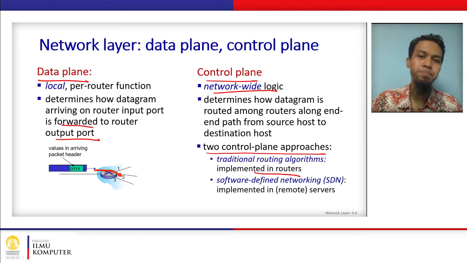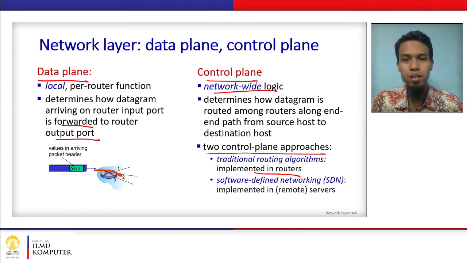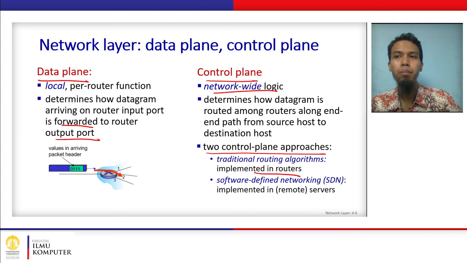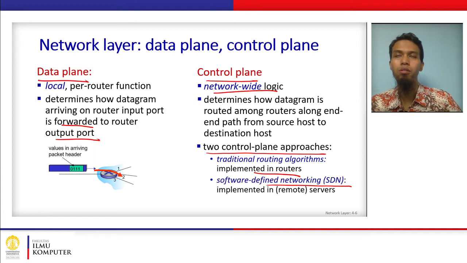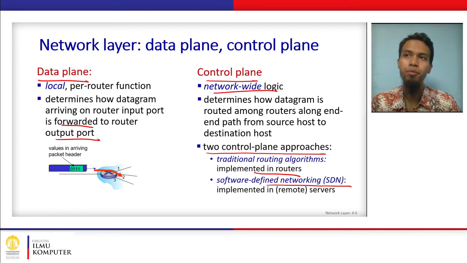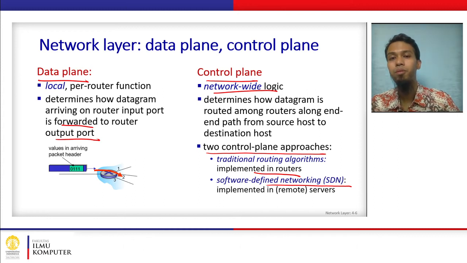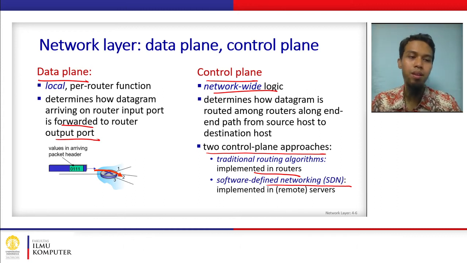As I said before, although it is network-wide logic, it can be implemented in a distributed way in each and every router. The new approach is called software-defined networking, or SDN. The routing algorithms or the forwarding or whatever is implemented in remote servers, and all this information will be sent to each router.